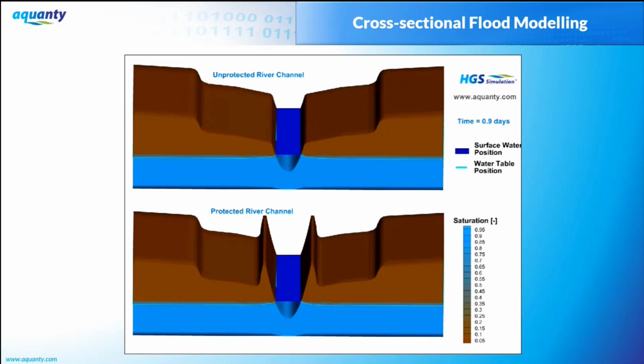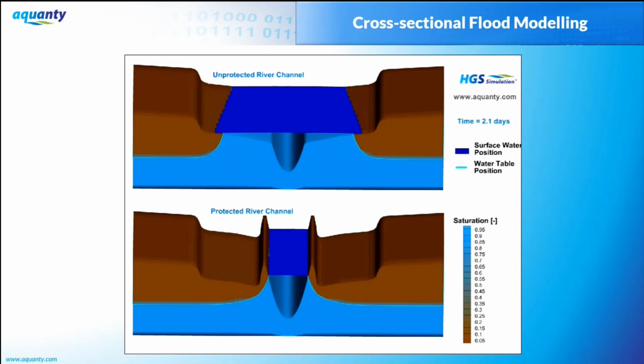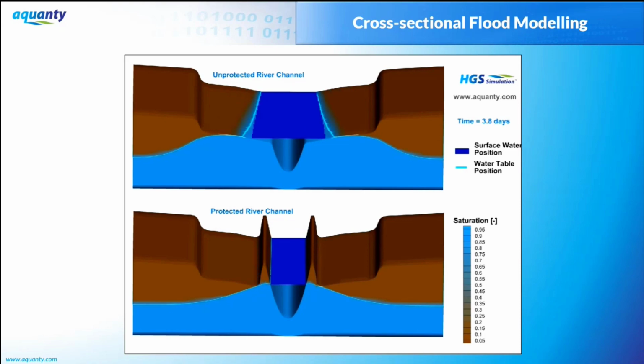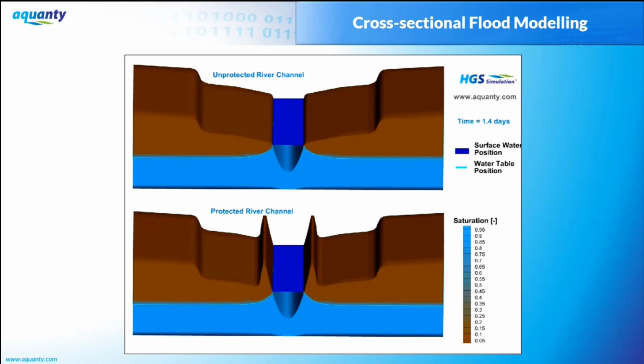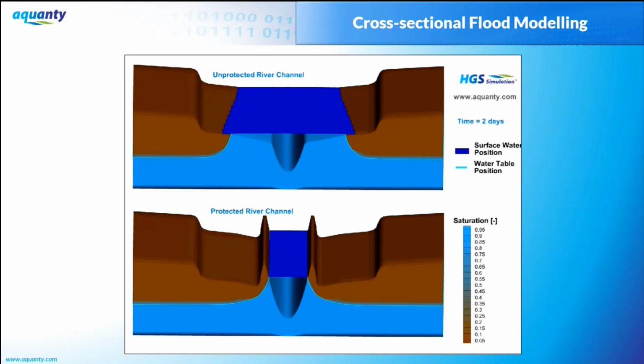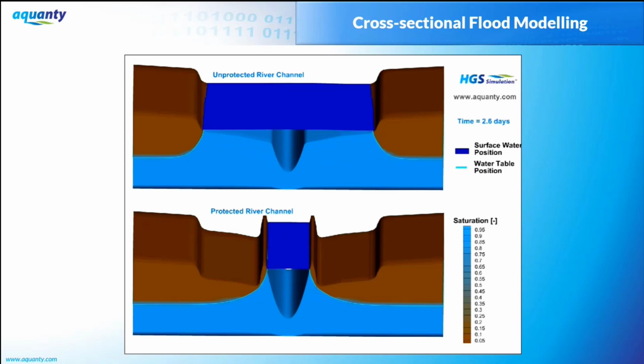I mentioned fractures and control structures and so on. This is just a simple 2D cross-section. The upper diagram is an unprotected river channel in a valley floodplain, whereas in the lower diagram, we've inserted some levees, if you will, to try and contain the flooding so it doesn't spill over into the floodplain.